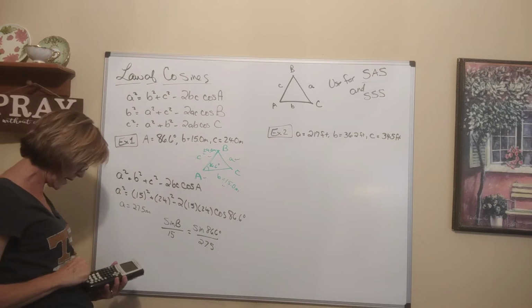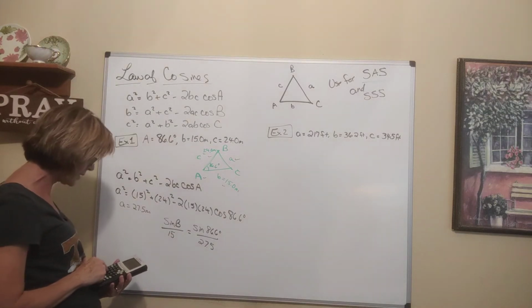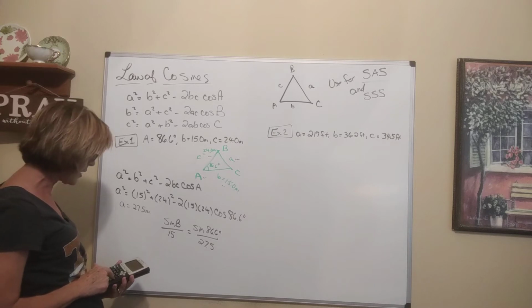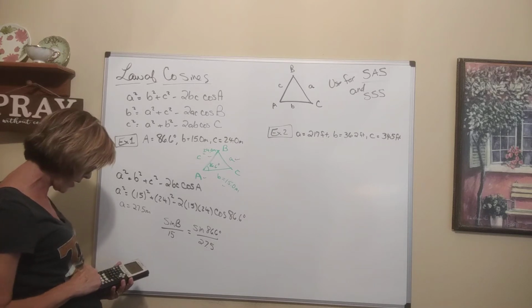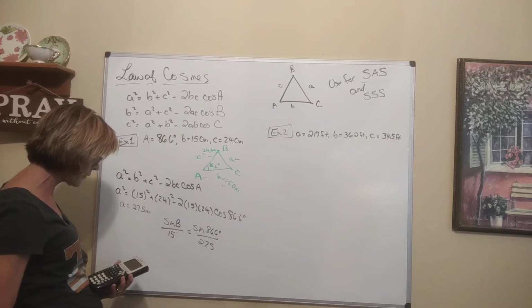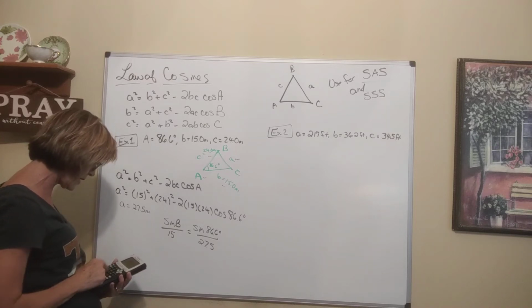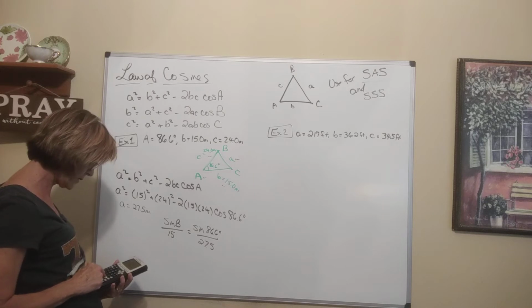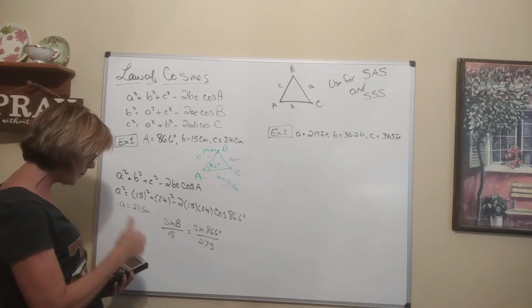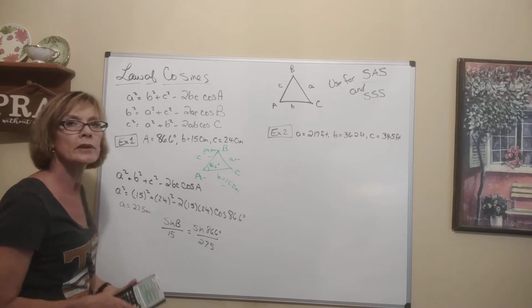So I'm going to say 15 times the sine of 86.6 divided by 27.5, and I have 0.54449. I'm going to take the inverse sine of that, and that tells me that B is equal to 32.99.